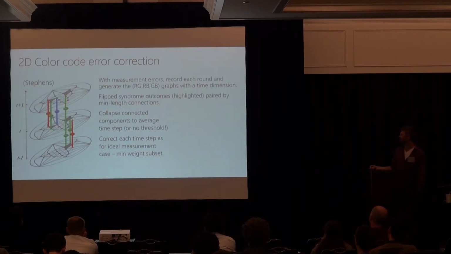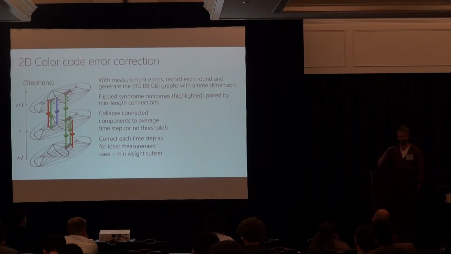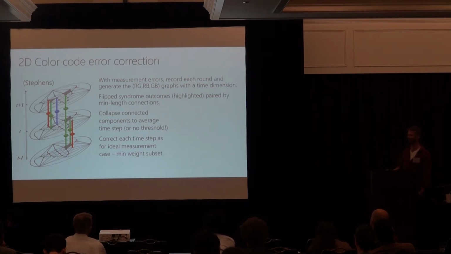Okay, and so we need to go to the noisy measurement case with this. There are ways of thinking about this. There was some previous work by Ashley Stevens on this, and roughly speaking, what you do is similar to what you do in the surface code. You repeat measurements, and you look at differences in measurements rather than absolute failures of measurements, and then you do some sort of matching.